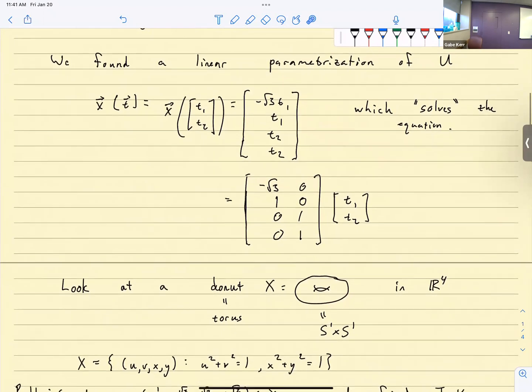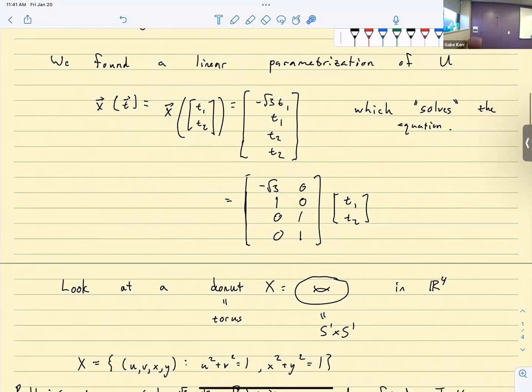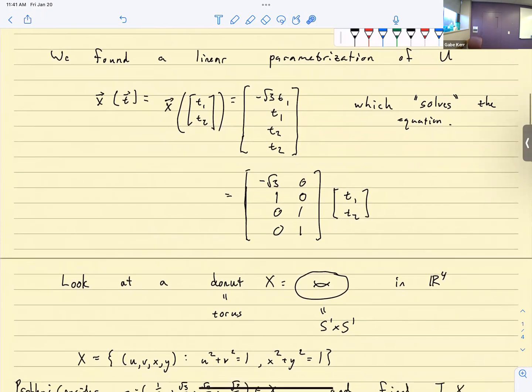Now, I want to actually give this with equations. There are a lot of infinite ways of doing this, but I'm going to give a very simple way. From that circle-of-circles picture, I know how to write down the equation for a circle in the plane. You all know how to do that, right? x squared plus y squared equals 1, a unit circle.